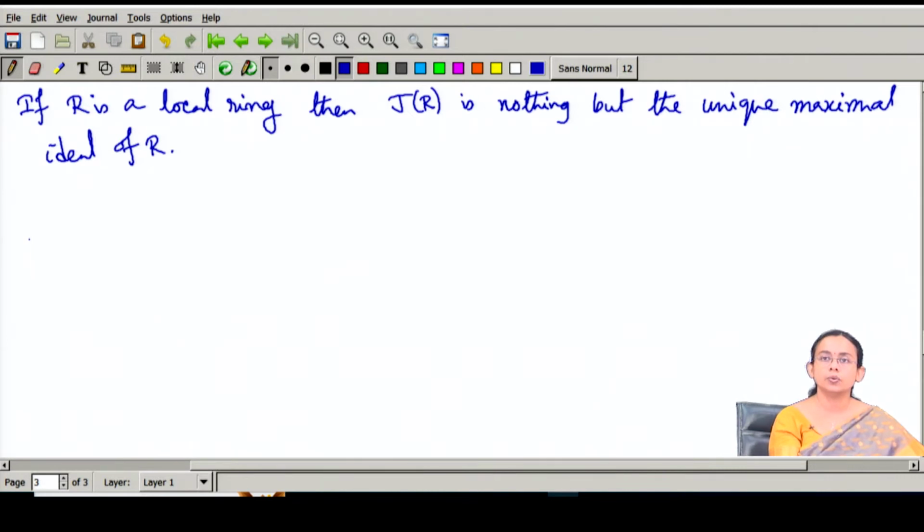Now if you are in a domain, then what will be the nil radical in that case?